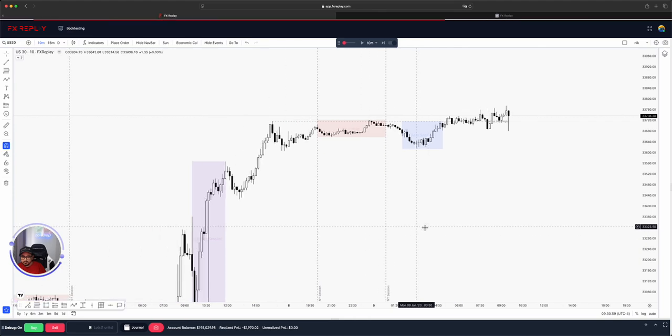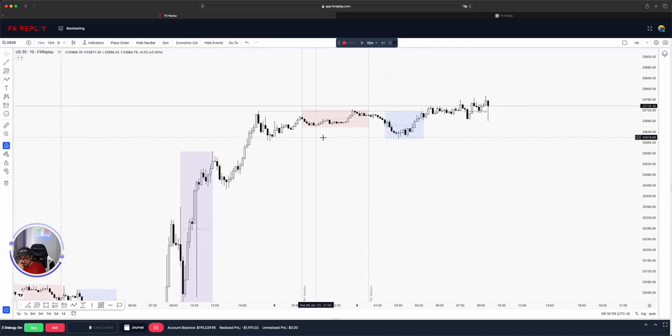Then we move to the next day where we see that the New York Stock Exchange opens with PDH liquidated. Now here, if PDH is liquidated, then we want to see a liquidation of this high and then a bearish shift. So let's play price. We got the previous candle's high liquidated and we got a bearish initiation.